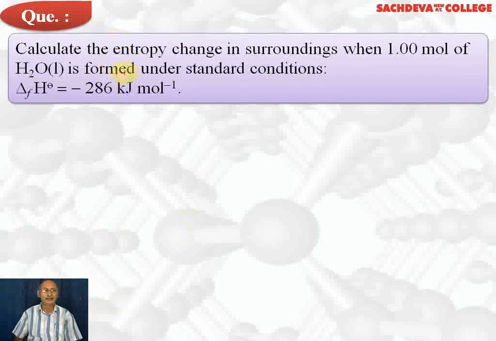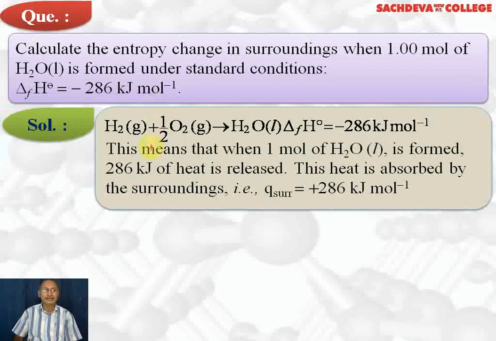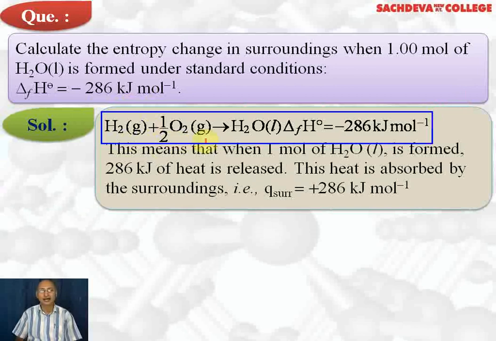Let us take up the question: calculate the entropy change in the surroundings when 1 mole of liquid water is formed under standard conditions. Delta H of formation, that is enthalpy of formation of water, is minus 286 kilojoules per mole. First step is to write the correct balanced equation. H2 gas plus half O2 gas gives you water liquid and the heat of formation for water is minus 286 kilojoules per mole.